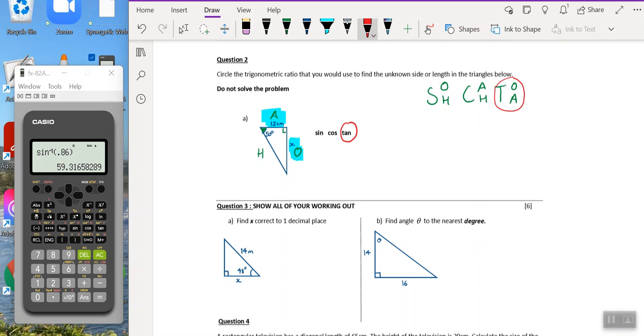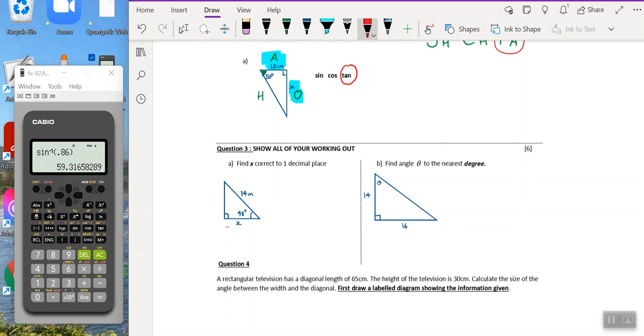We'll need that concept of labelling sides and deciding whether it's sine, cos or tan in the next few questions. So make sure you're really comfortable with this skill. For question 3, we're asked to find x, so that's the length of this side here, correct to 1 decimal place. So again, here's our hypotenuse.